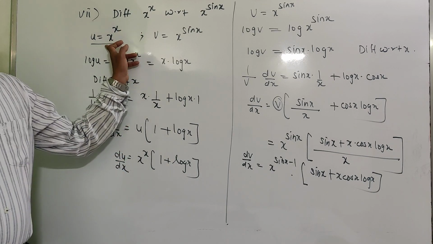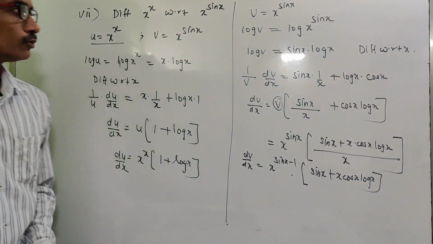But we require the derivative of u with respect to v. This means du by dv is required.